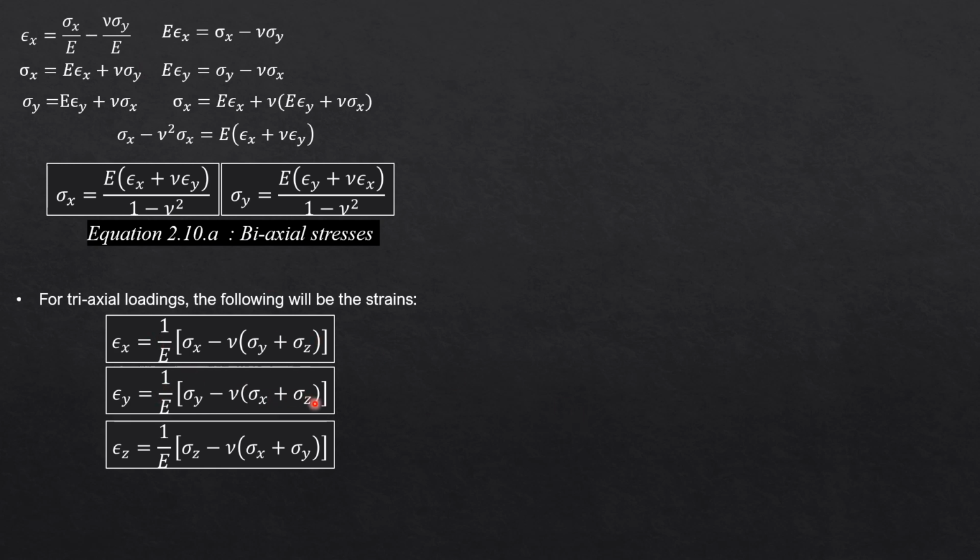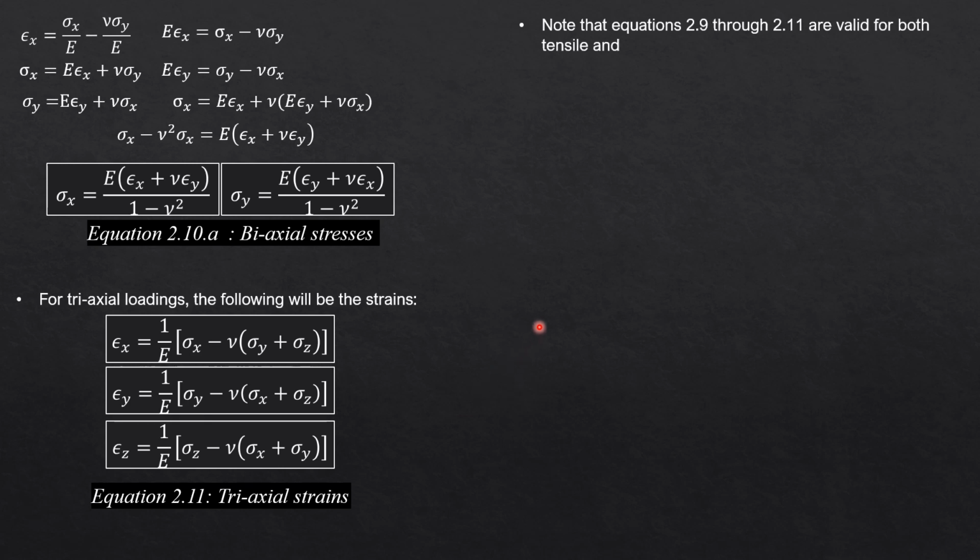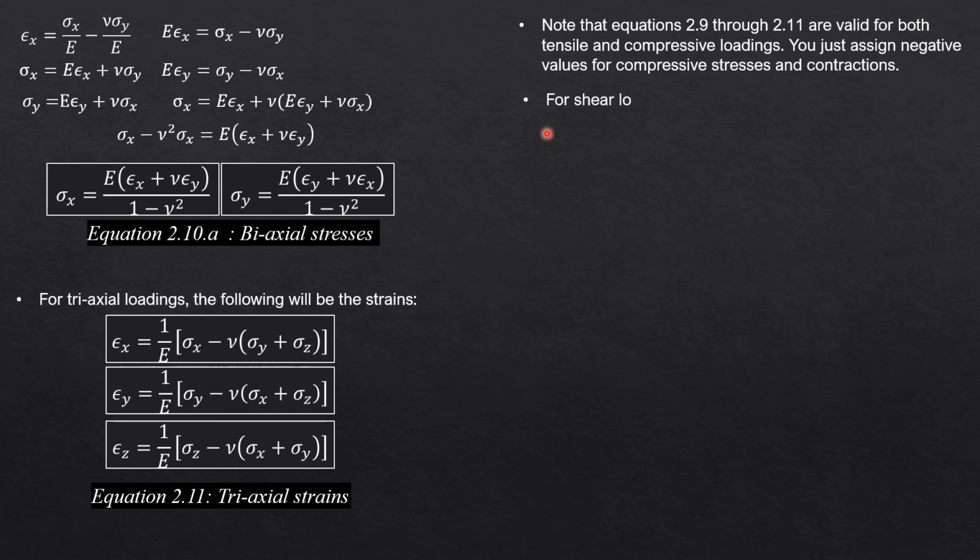The rest can be patterned. So note that equations 2.9 through 2.11 are valid for both tensile and compressive loadings. You just assign negative values for compressive stresses and contractions.